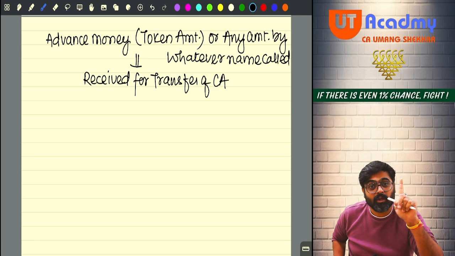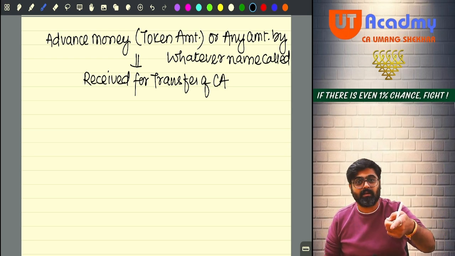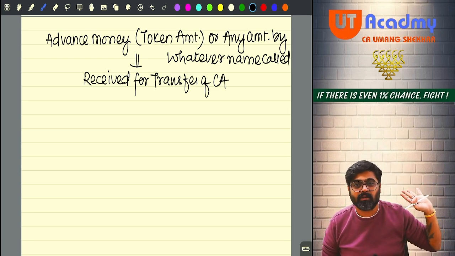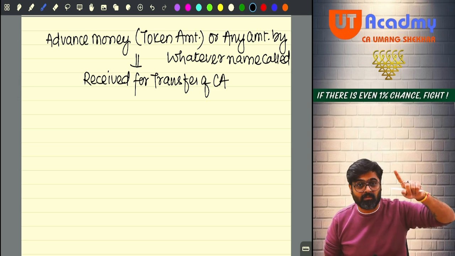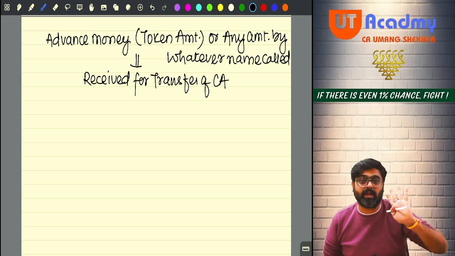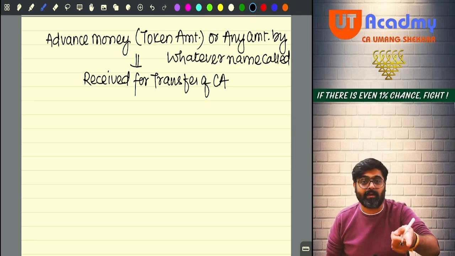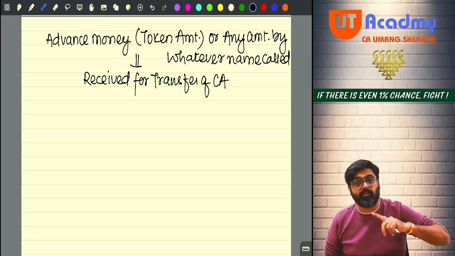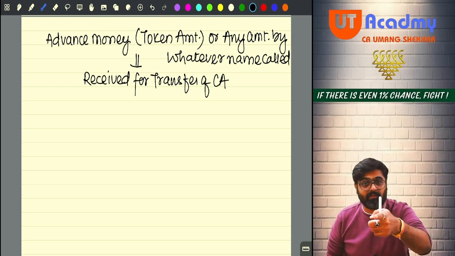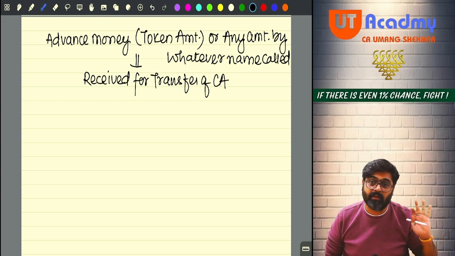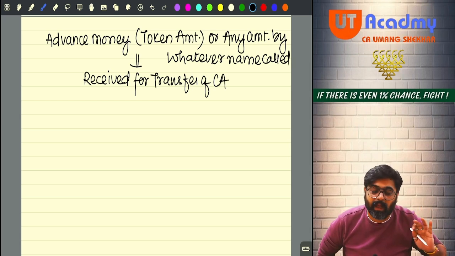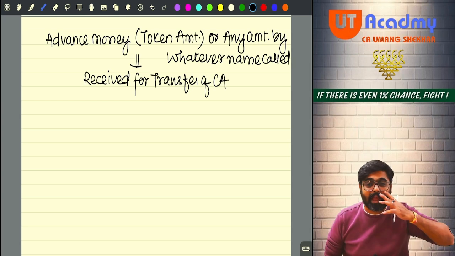Yes or no? So cancel the agreement at your own risk. If you don't want to buy, don't enter into the agreement. And once the agreement is entered into, you have to honor the agreement. You have to buy the property from me. And if you are cancelling the agreement, you are not buying the property from me, forget about that 5 lakh rupees advance which you are giving me. I will forfeit it.